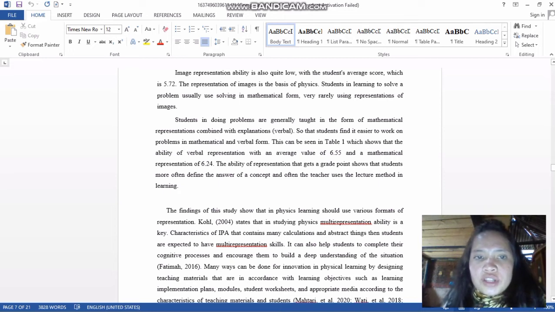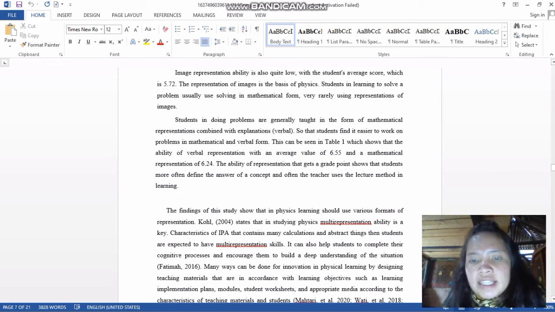Students in learning to solve a problem usually use solving in mathematical form, very rarely using representation of image. Students in doing problems are generally taught in the forms of mathematical representation combined with explanation or verbal, so students find it easier to work on problems in mathematical and verbal form.